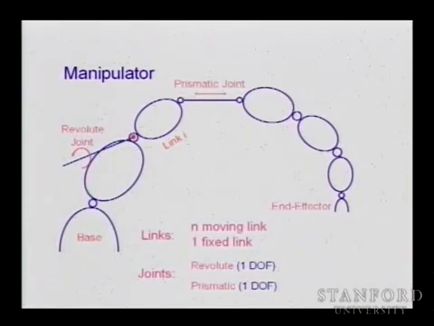And as I said, if we have a joint like a spherical joint, would you know how many degrees of freedom a spherical joint would have? 2? 3, yeah, 3. So what we would do is we will then use 3 revolute joints with 0 link length, and then we will introduce these joints and links to represent a spherical joint. Okay.